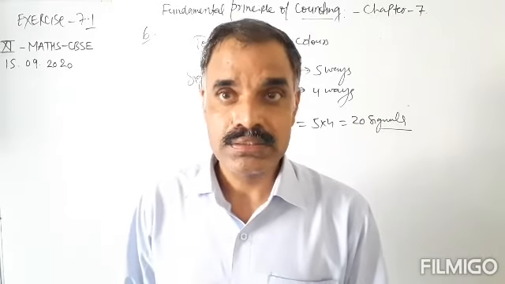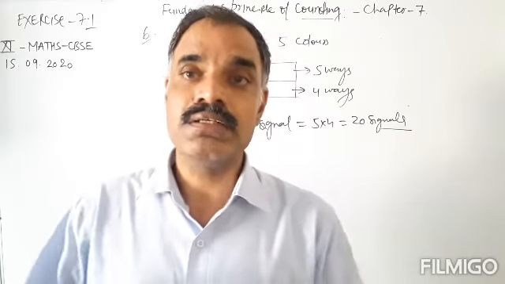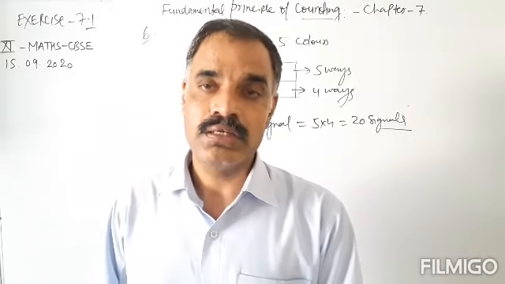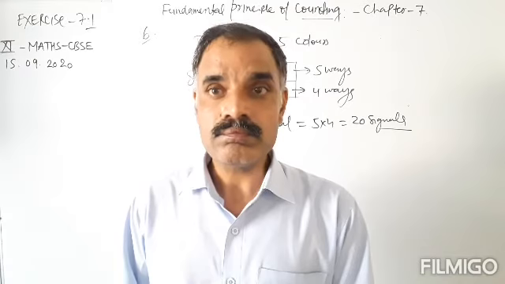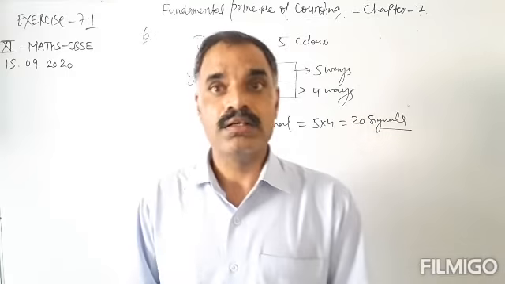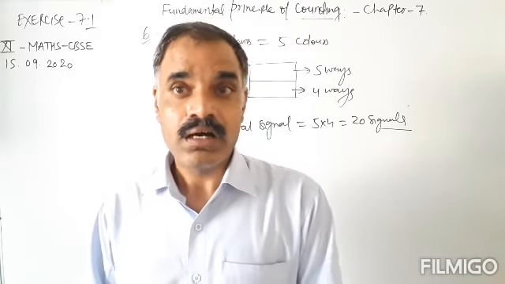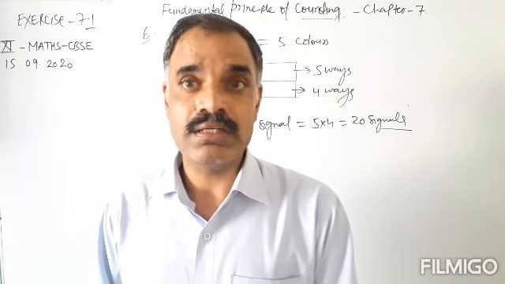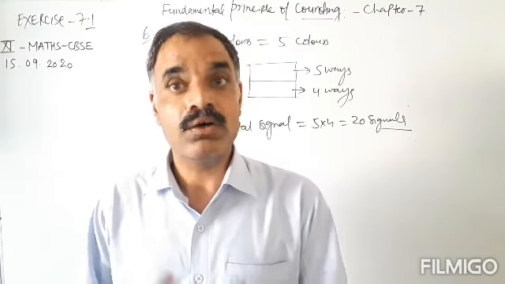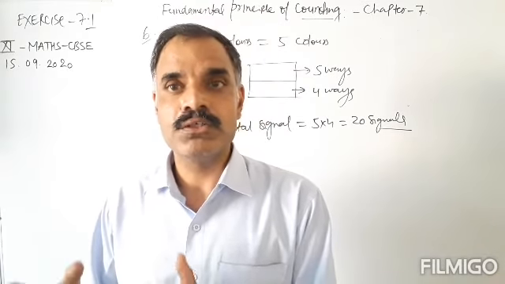Only we have to recognize that the events are independent, meaning first event, second event and third event, all events should be independent. So I am again stating the fundamental principle of counting. If any event or activity is happening in m ways, following which another activity or event is happening in n ways, and following which another activity or event is happening in p ways, then total number of ways is m into n into p.